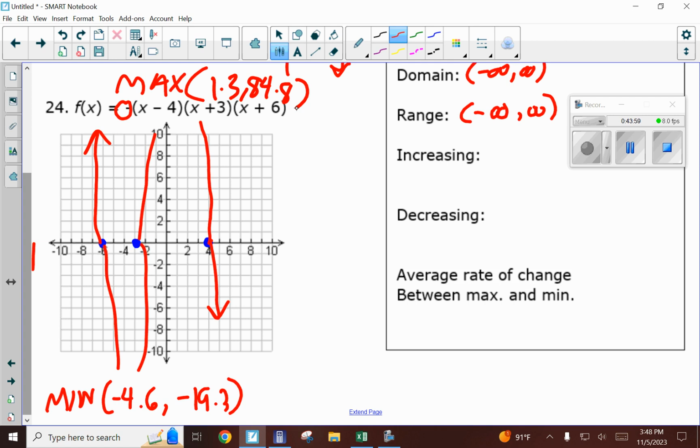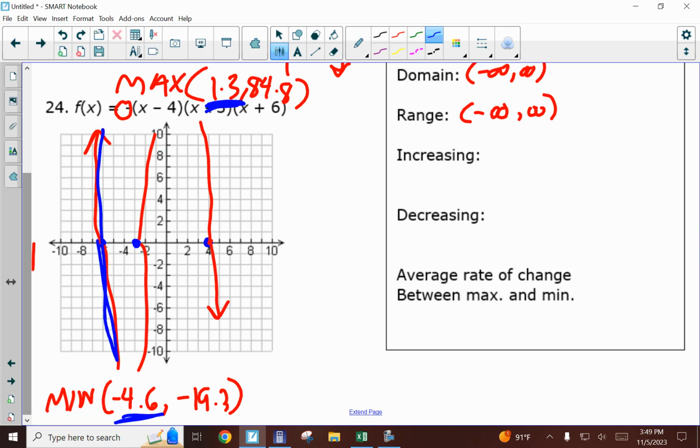Now here's the reason why I'm marking those numbers. You can actually come up with the increasing and decreasing intervals because they're going to go all the way to these x values and then change directions. So the first one, this guy right here, is going to be decreasing all the way up until it gets to negative 4.6.